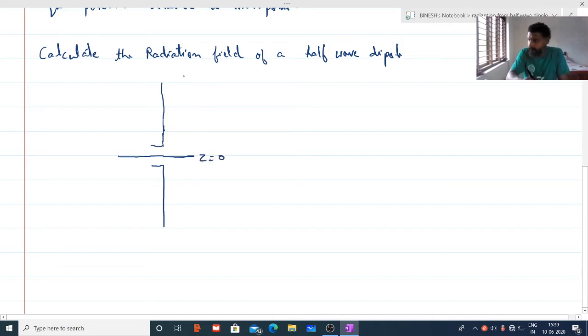The current distribution will be what you have already seen in the asymptotic current distribution.